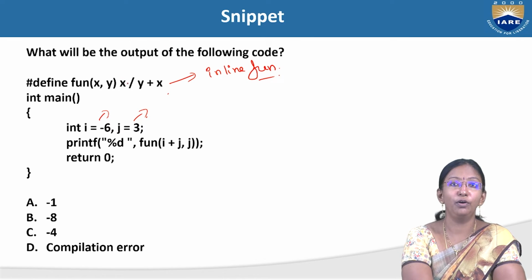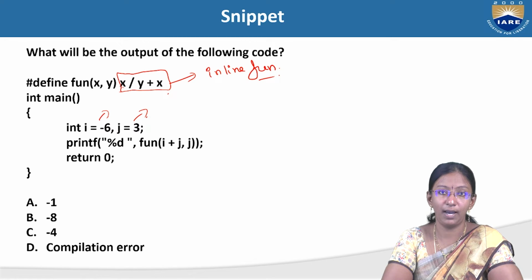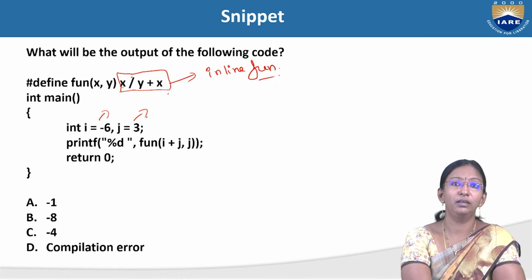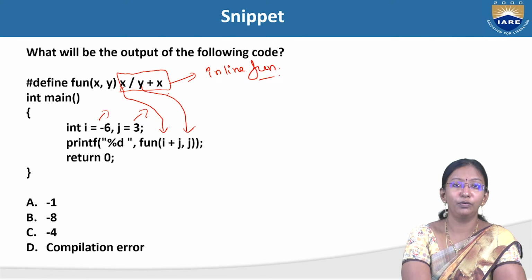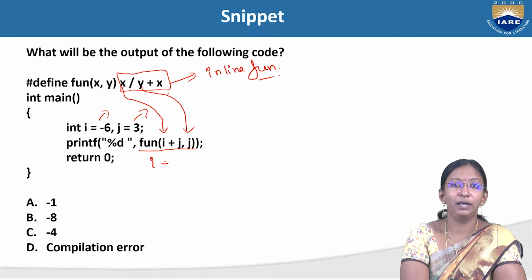So the body of the inline function with x comma y is x by y plus x. Place it as it is. Here x is going to take the value of i plus j and y is going to take the value of j. Replace it. So this place will be replaced by i plus j by j plus x.